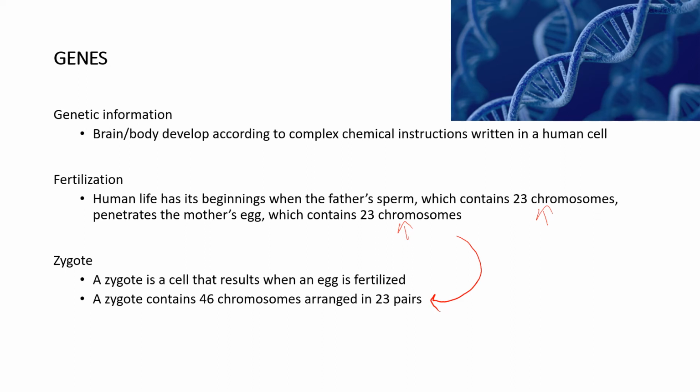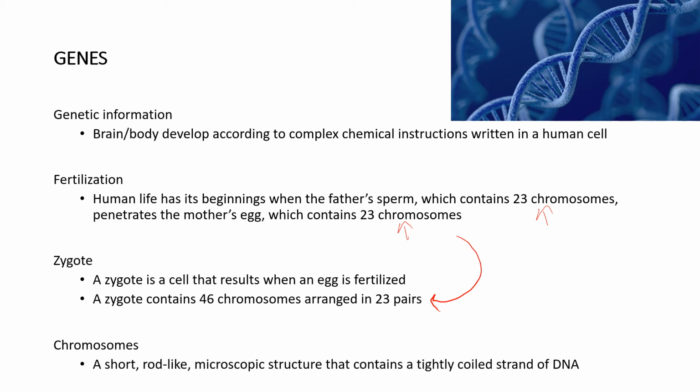But what are chromosomes? Chromosomes are rod-like structures that contain within them DNA, tightly coiled strands of DNA. And DNA is that genetic information. That genetic information that makes up our development, that makes up who we are, how we do many of the things we do, is made up of or controlled by DNA.